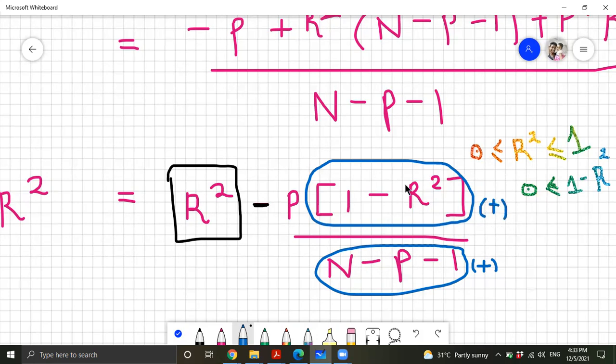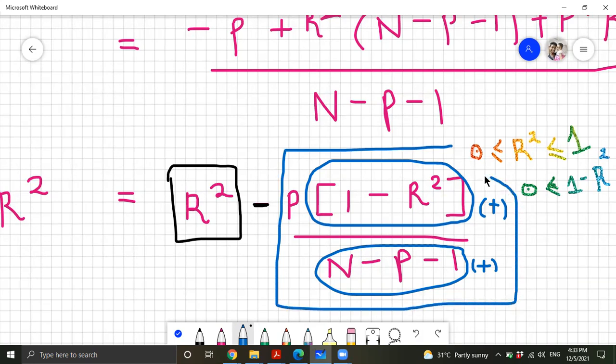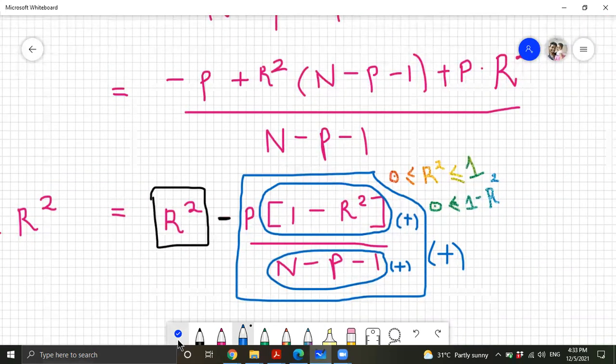So a positive term divided by a positive term is also going to be positive, and P is also positive. That means this whole term is going to be positive, for sure. So a positive term is going to be subtracted from r squared, and that's what adjusted R square is.